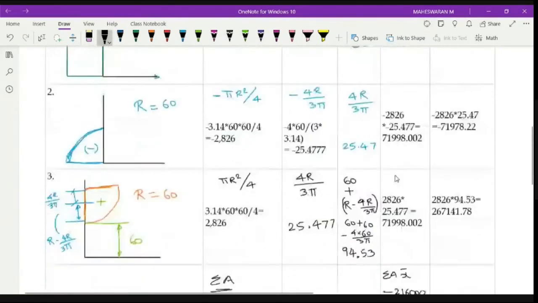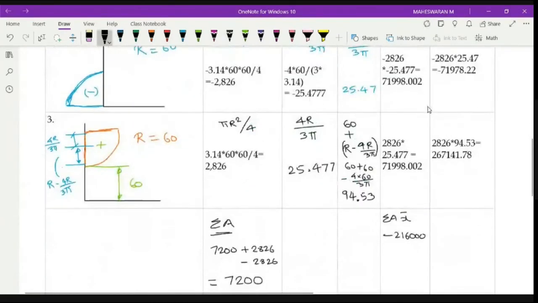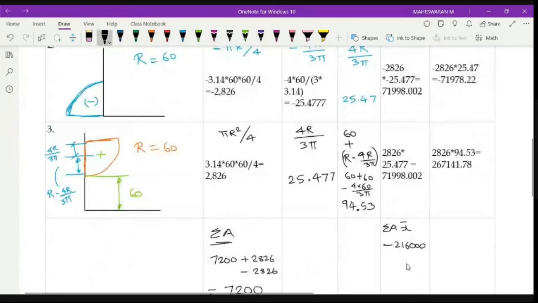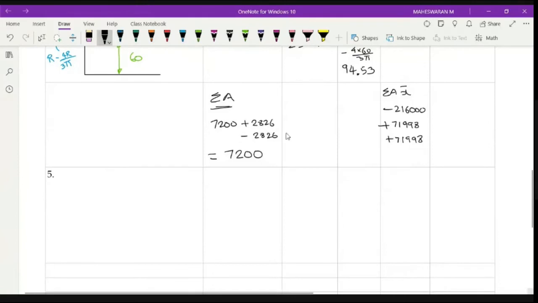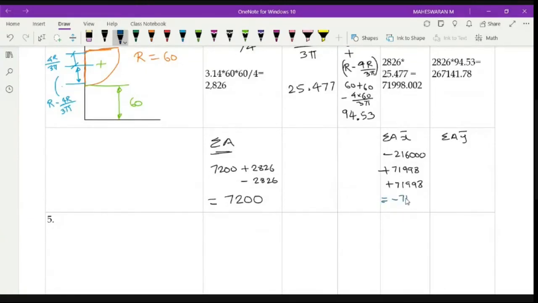Right? 71998 plus 71998. So what is the value you are getting? Minus 72004, right? Yes, sir. Okay, this is my value.